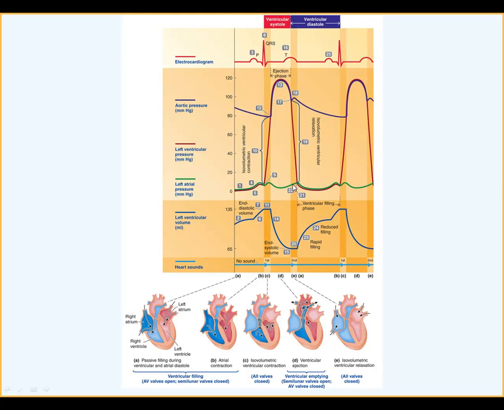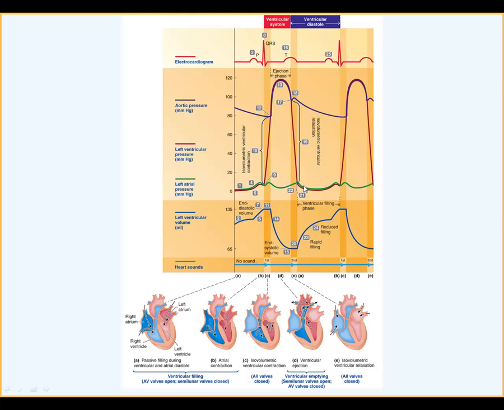So if we want to be technical, the isovolumetric contraction phase is between the closure of the atrioventricular valves and the opening of the pulmonary and the aortic valves. And the isovolumetric relaxation phase is the phase between the closure of the aortic and the pulmonary valve to the opening of the atrioventricular valve.